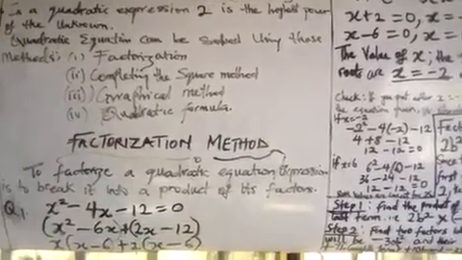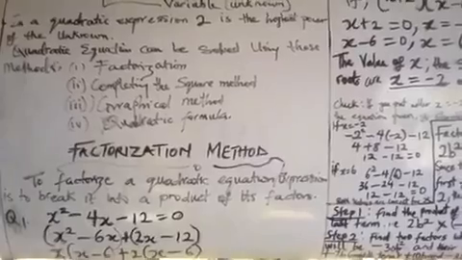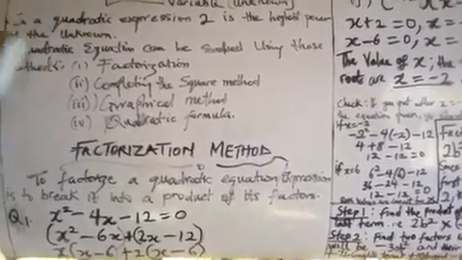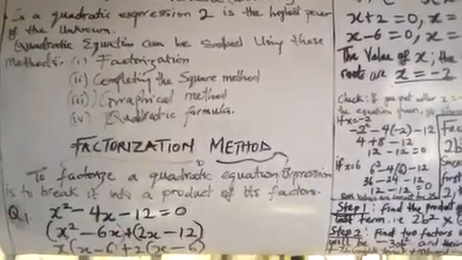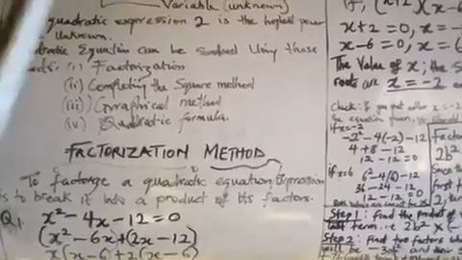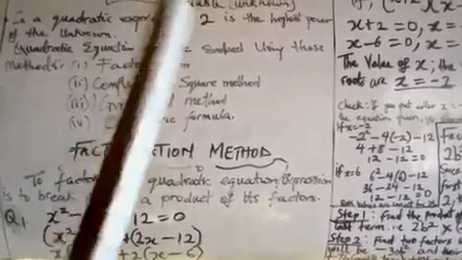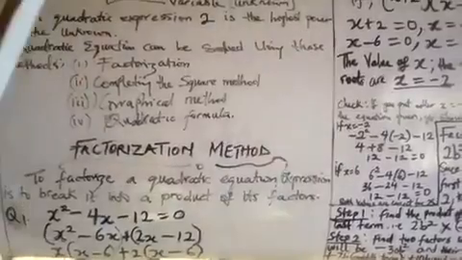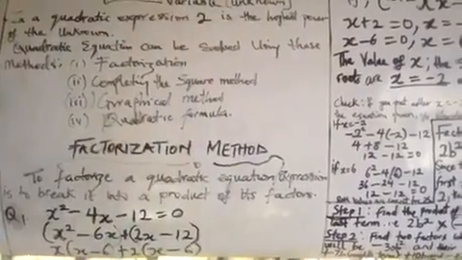That means when you have a bigger expression, you break it down into two or three separate entities called factors. By the time you bring those smaller expressions together, they give you back that bigger expression.